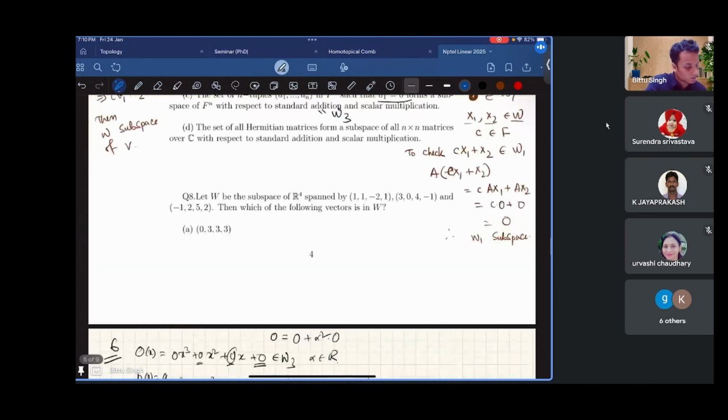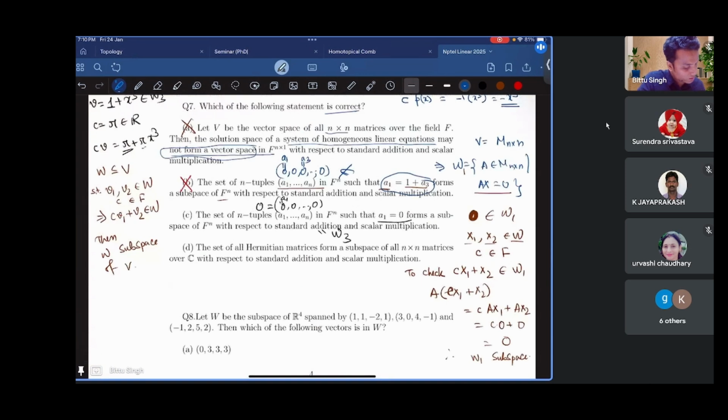Therefore, it is true that the n-tuples such that a1 is 0 form a subspace. This is true. Let us check the last answer.